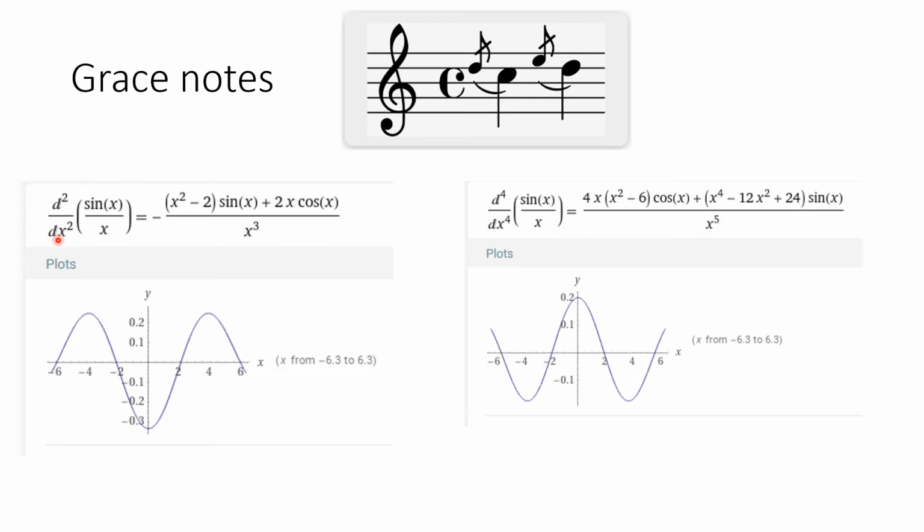The first grace note, I compute the second derivative of the integrand here, and I show you a graph of it. The second grace note, I compute the fourth derivative of the integrand and show you a graph of it. These should be useful in working the problem.